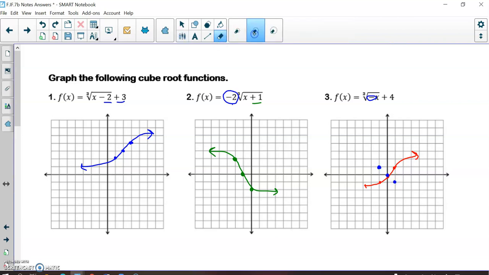So this would be after the reflection over the y-axis, which is exactly what that's telling us to do. And you would have this graph that looks like this. But now I also need to move it up 4 units. So I wind up with this graph here.